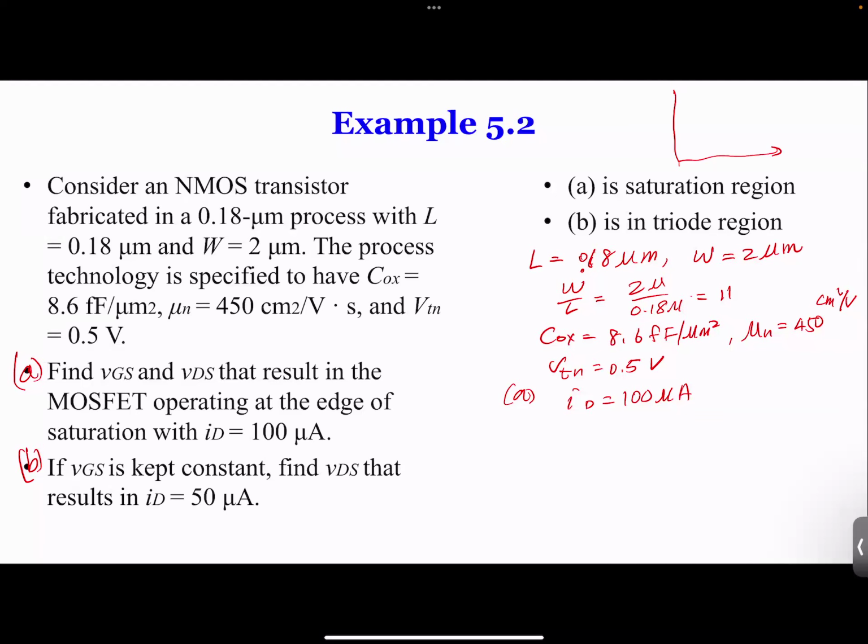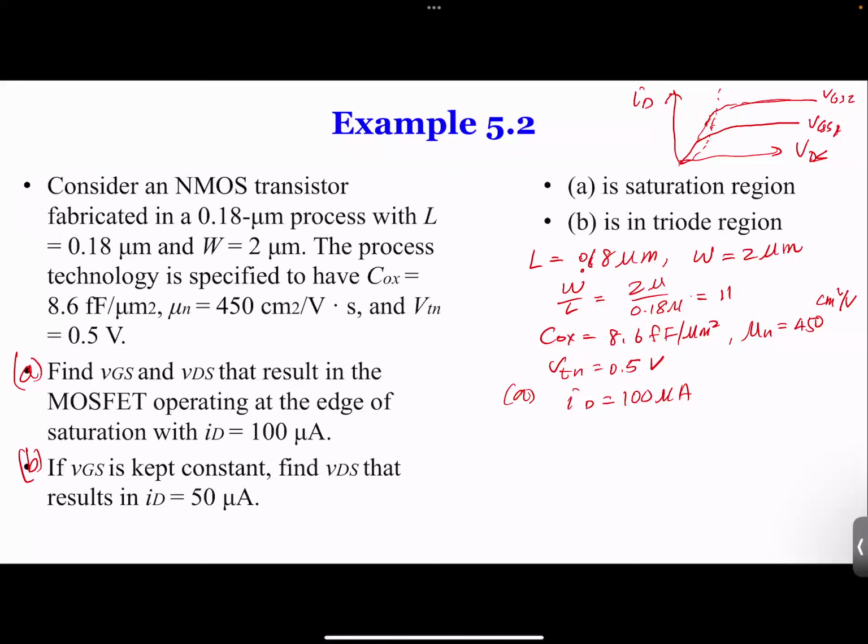When you have VDS and ID, you have this relation. So this is for a given VGS, right? And you could also have a different VGS, and you can find the current.